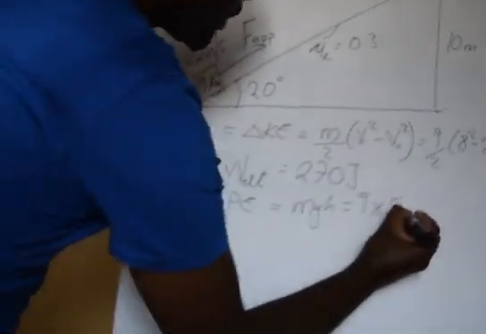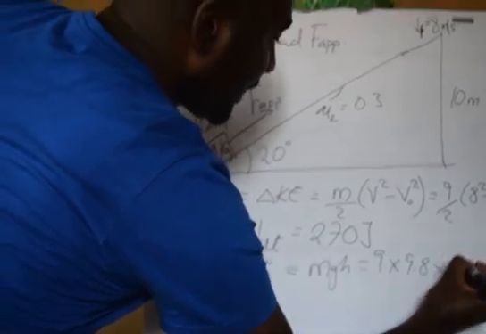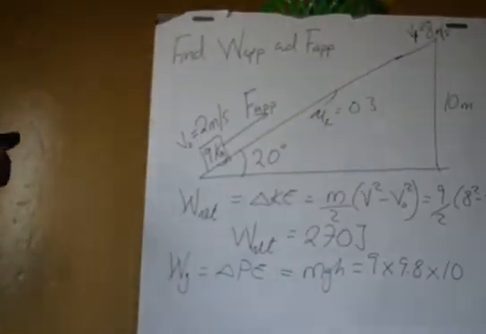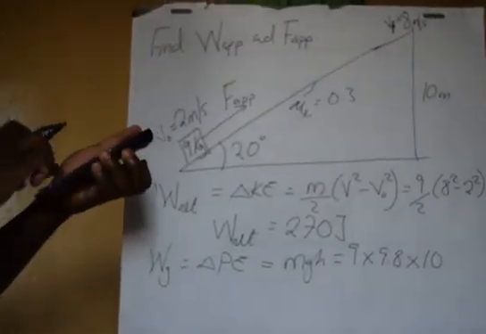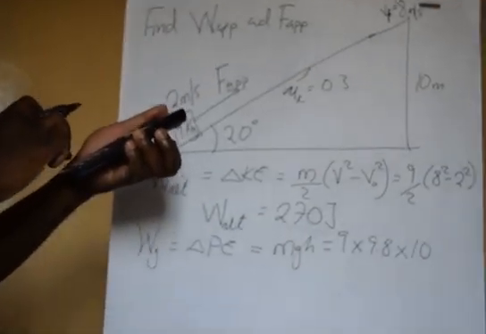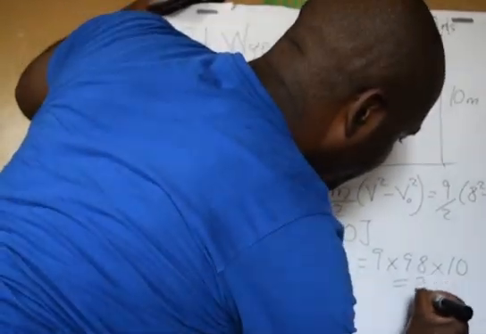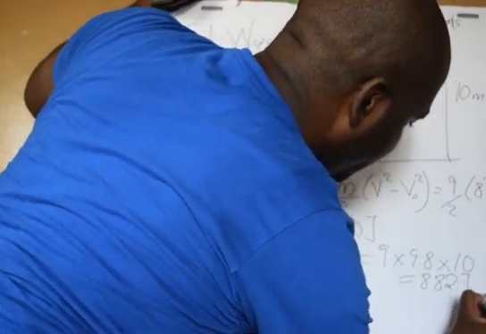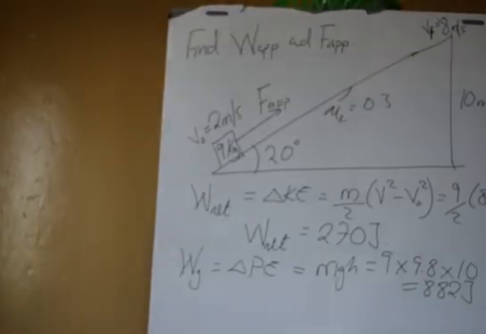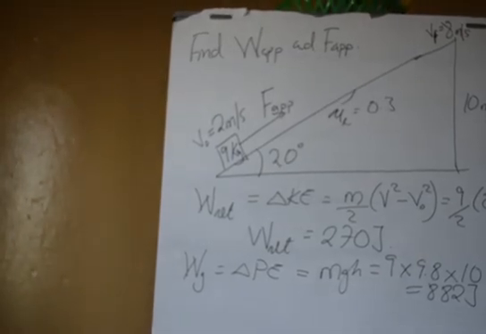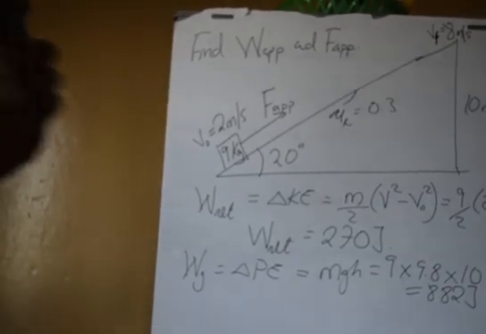So it will simply be 9 times 9.8 times 10. So what is 9 times 9.8 times 10? 882 joules.